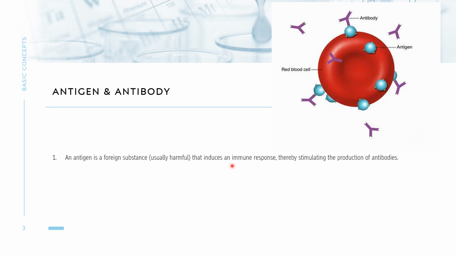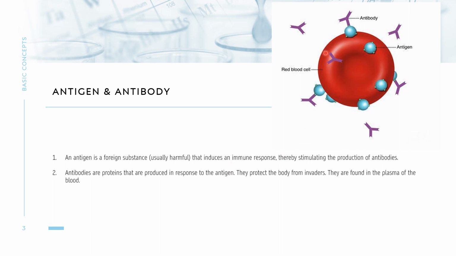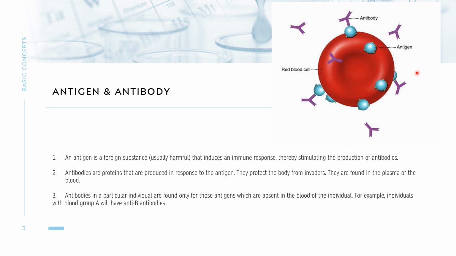Now, what are antibodies? Antibodies are these Y-shaped cells that you can see. These float around in the plasma and they are produced generally to protect the body from the invasion of these antigen. So the antibodies would combine or bind with the antigen and then render them ineffective.